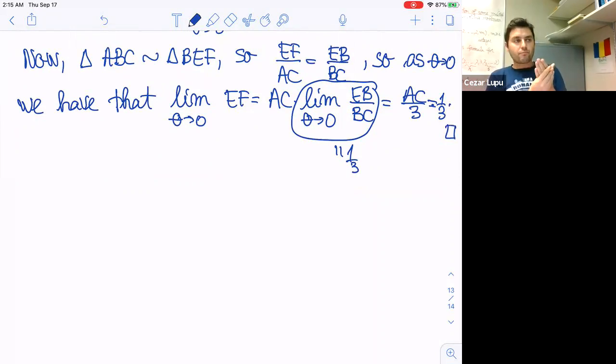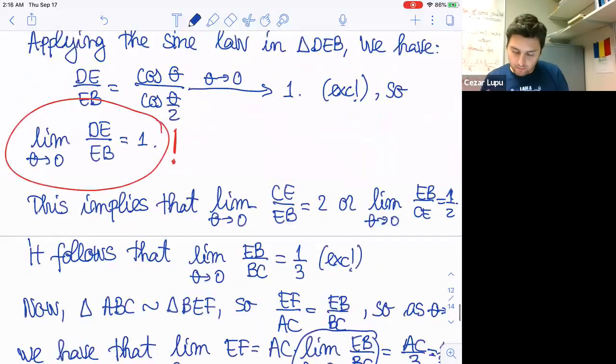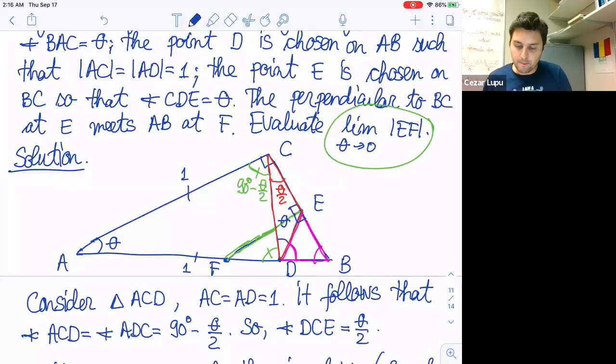Anyway, the official solution is the following. The idea is to reflect the point C about the line AB, and then we'll get another point.